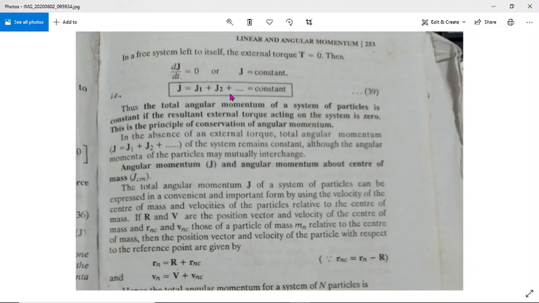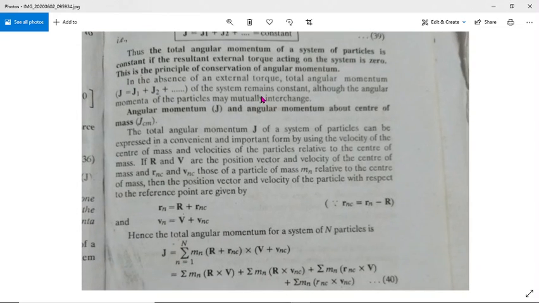That is, J equal to J1 plus J2 and so on for individual particles, which is constant. That is, the total angular momentum of a system of particles is constant if the resultant external torque acting on the system is 0. This is the constant of motion, that is the conservation of angular momentum. In the absence of external torque, the total angular momentum of the system remains constant.